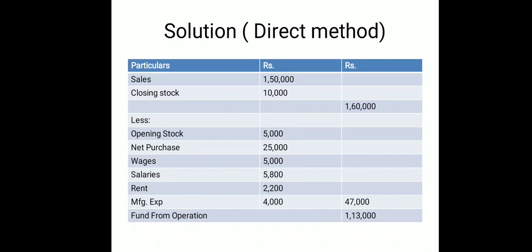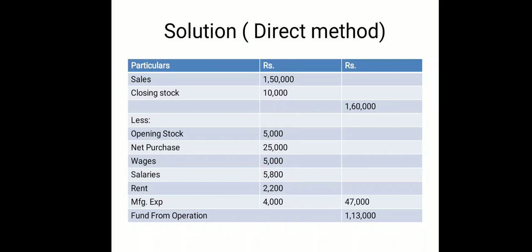When we make the total of all these, we get 47,000 in the external column of amount. So 1,60,000 minus 47,000, again we get the fund from operation as 1,13,000. So whichever method we apply, the answer will be the same.